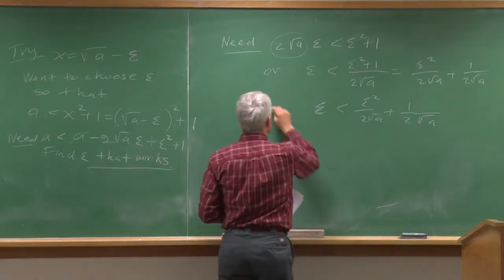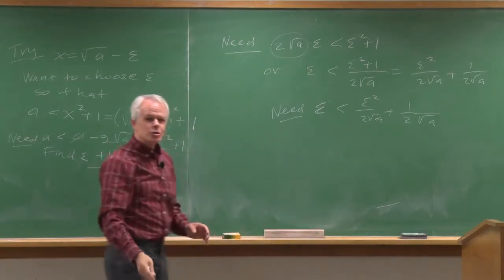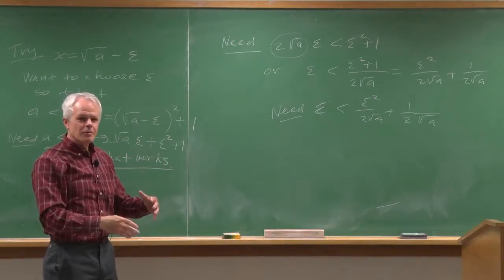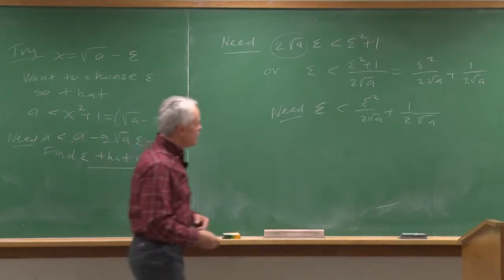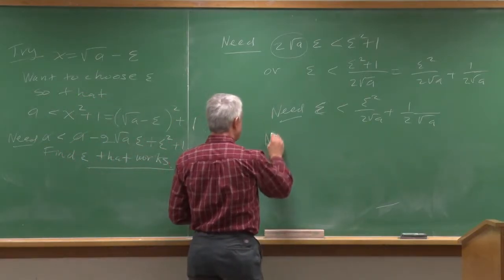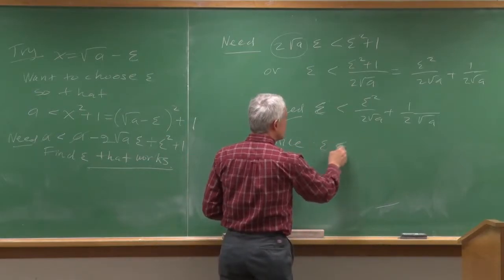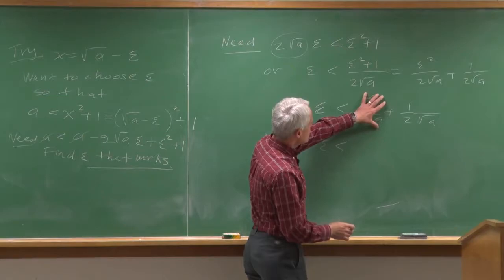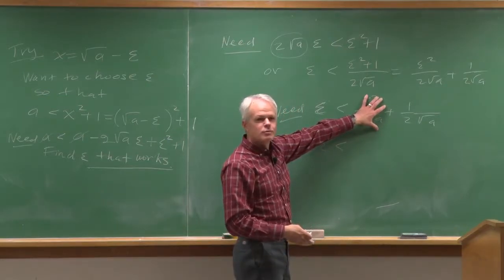Okay, that's what I need. I don't exactly have to solve for the epsilon. There's more than one answer that will work. And notice that epsilon less than, I mean, this is complicating things for me. I want an answer that doesn't have an epsilon in it. I'm trying to solve for epsilon.